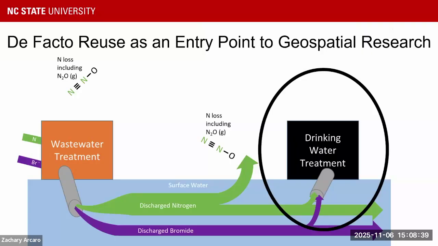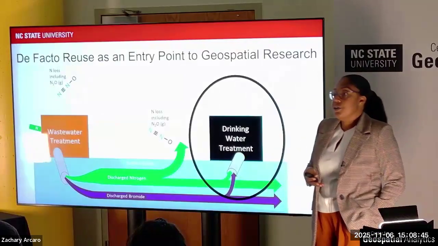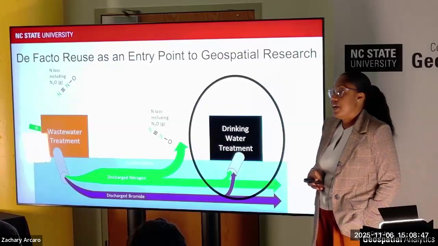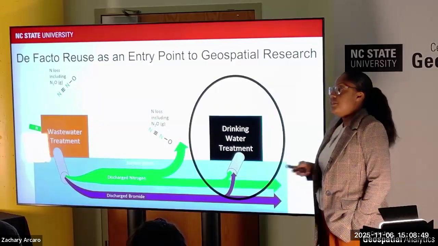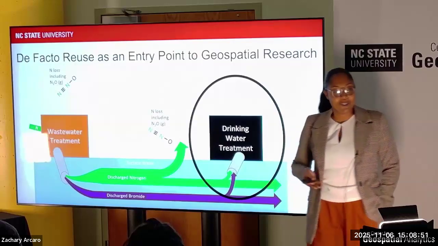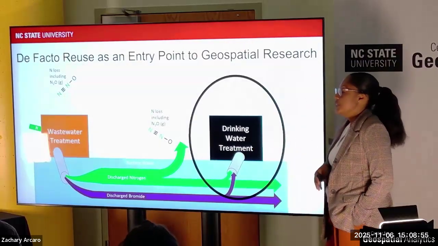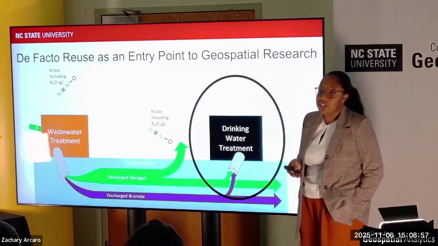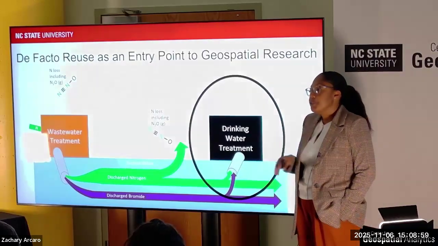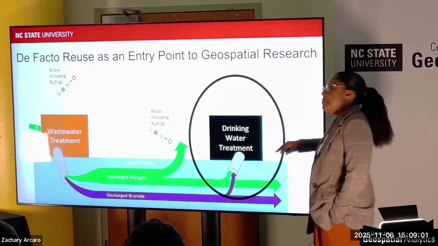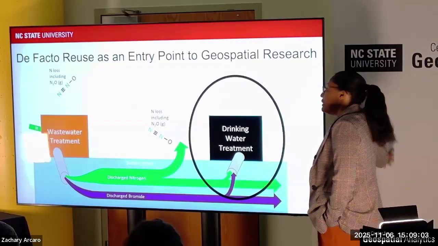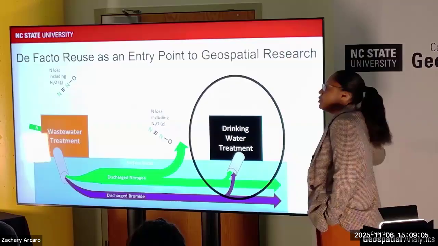And so my PhD work started with this research question of what is the occurrence of de facto wastewater reuse across the United States? If you're doing anything across the United States, obviously that's a spatial question, right? De facto wastewater reuse is the unplanned or incidental occurrence of treated wastewater discharges being in a downstream drinking water source.